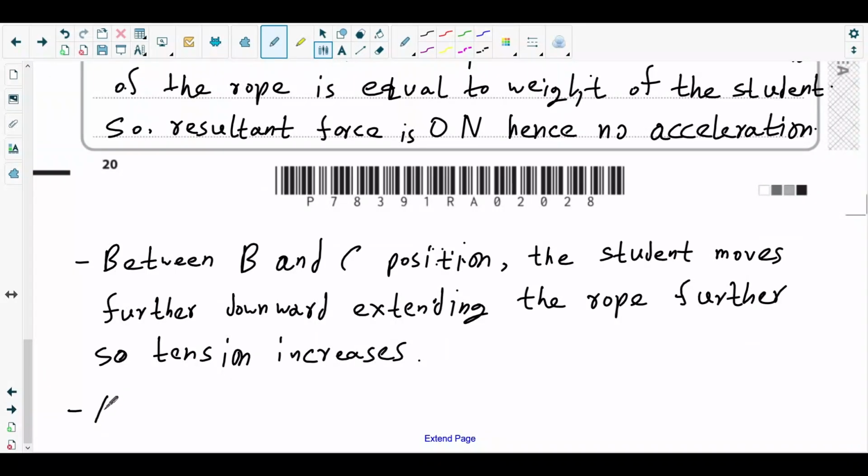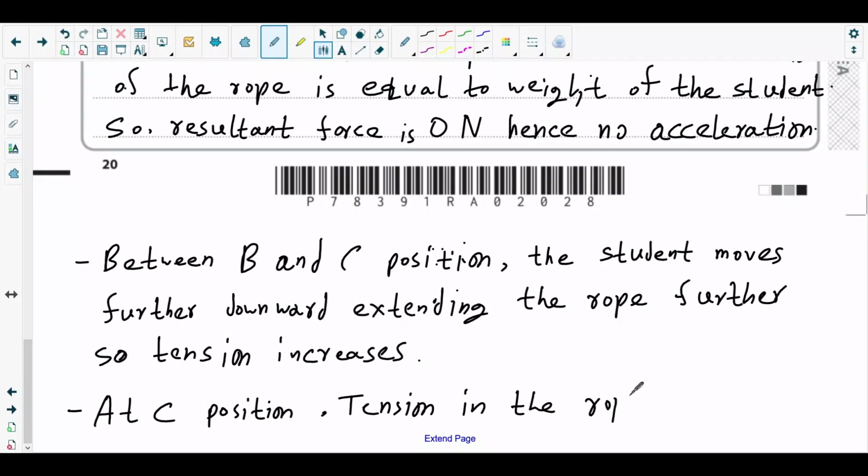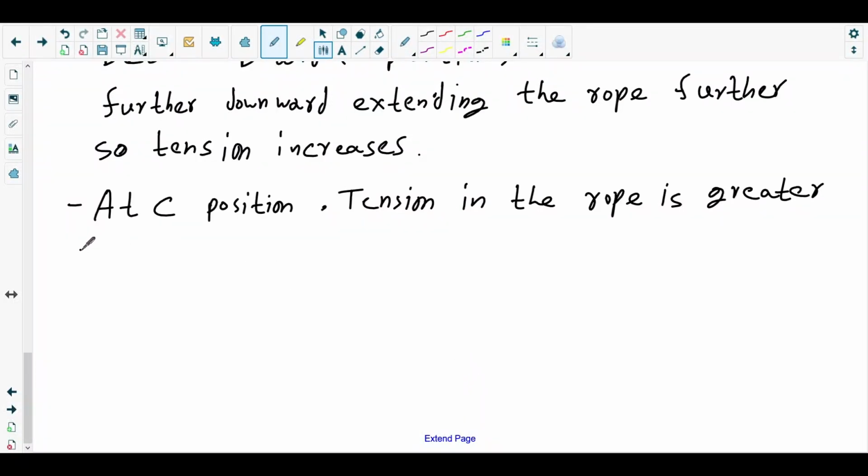So at C, at last, what happens? At C position, tension in the rope is greater than the weight of the student, right?